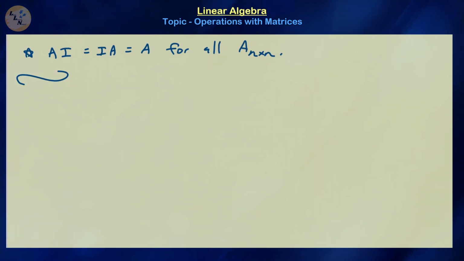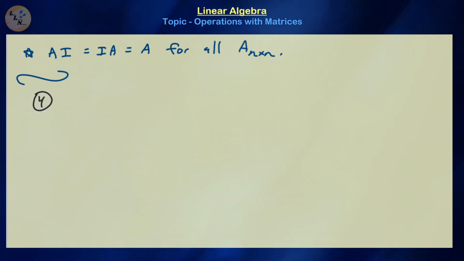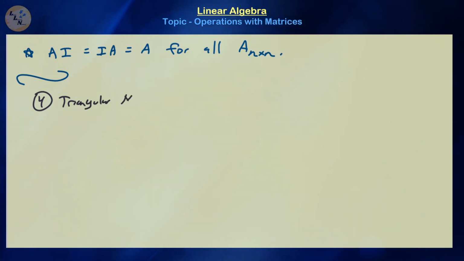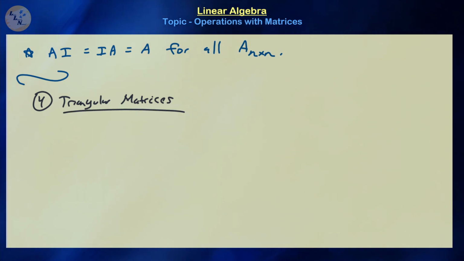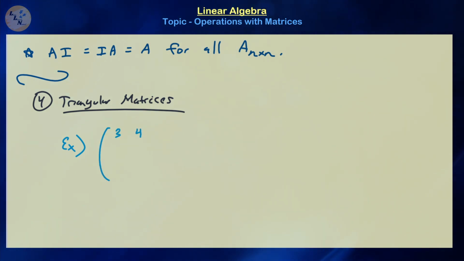So the next type of matrix that we're definitely going to be exploring later on in a lot of detail are known as triangular matrices. Triangular matrices are of this form. So I'm just going to do examples of them and then give the definition. So let's look at 3, 4, 5, 0, minus 3, 2, 0, 0, 10.